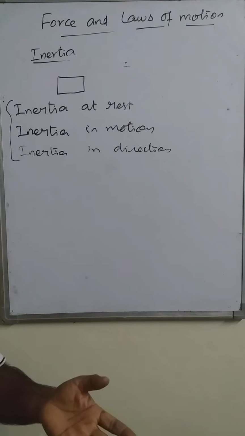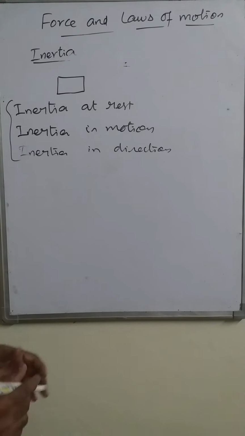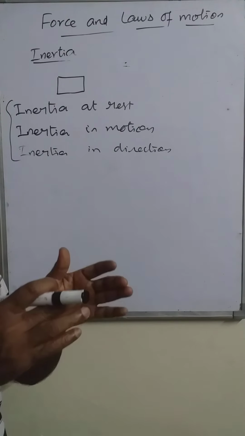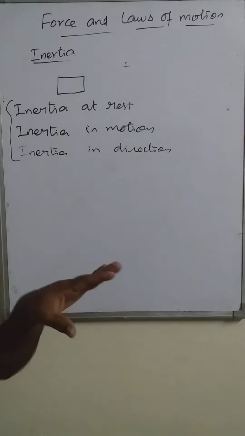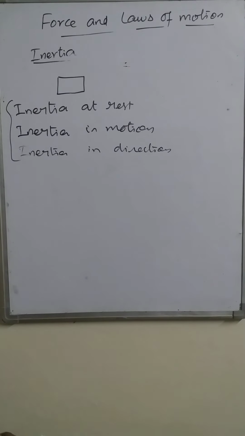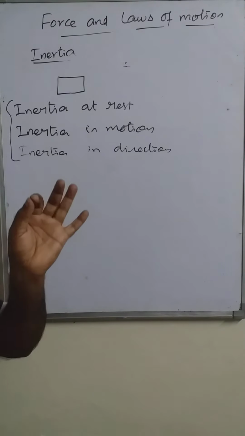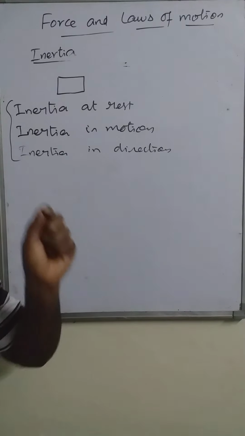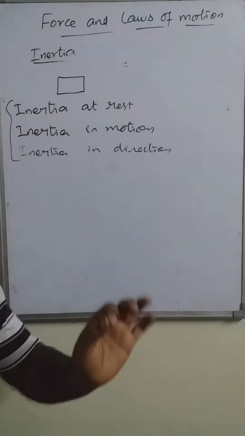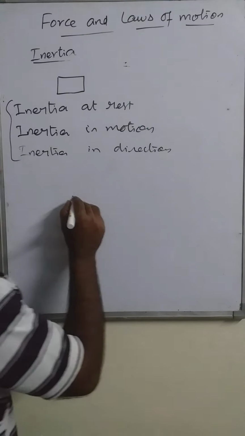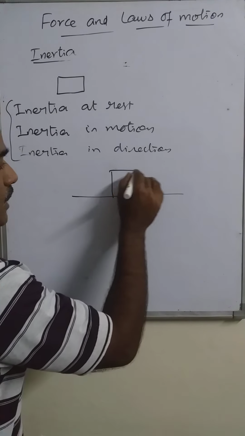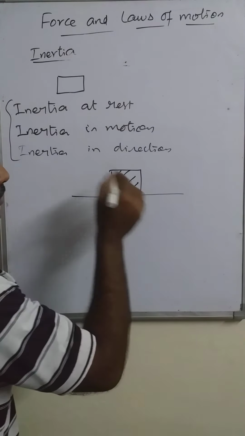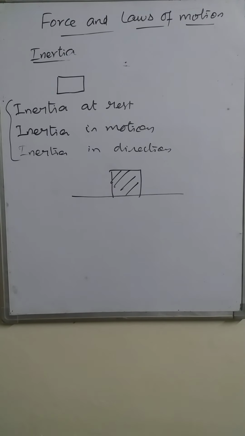Inertia at rest. A duster is placed on the table. A bottle is placed on the table. Suppose this is the surface, and on this surface a block is placed.